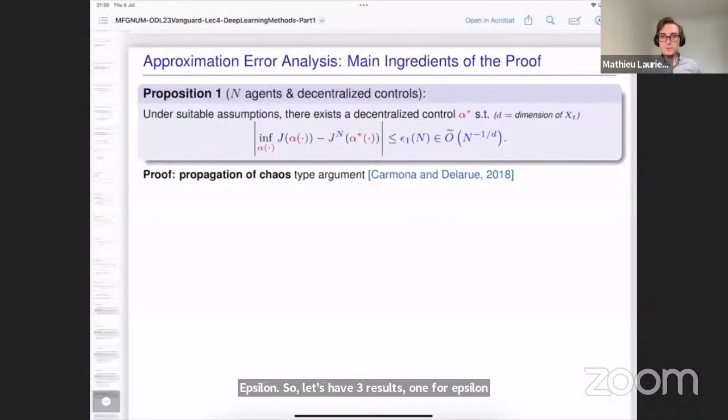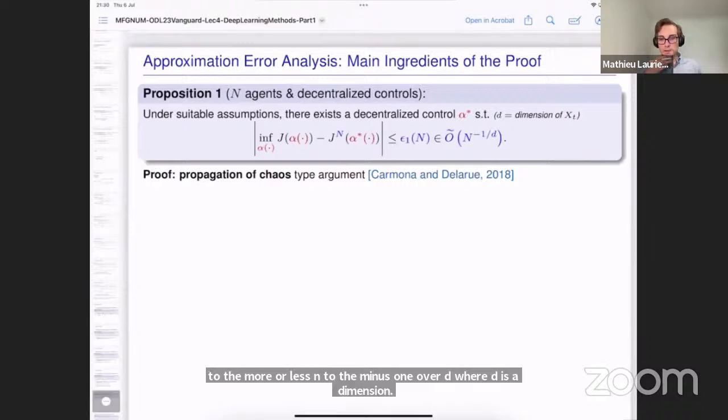Epsilon 1 tells you that the dependence on n is going to make the error smaller when n increases. So in fact, here you get a rate of convergence, which is more or less n to the minus 1 over d, where d is the dimension. And so this tells you how many particles somehow you need.